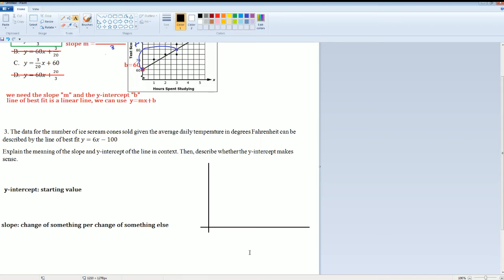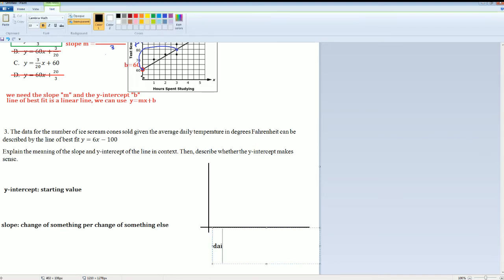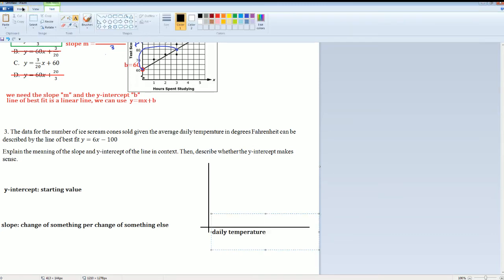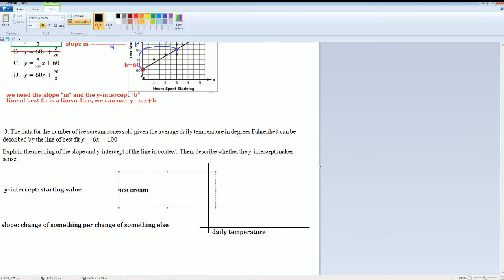So the independent variable would be the daily temperature, and that is going to affect the ice cream cones sold.